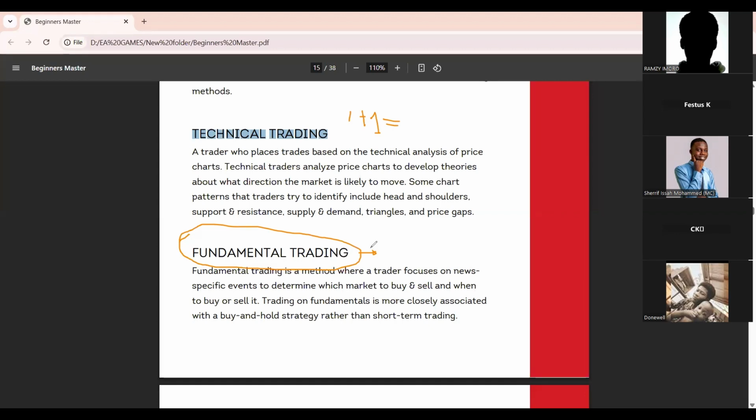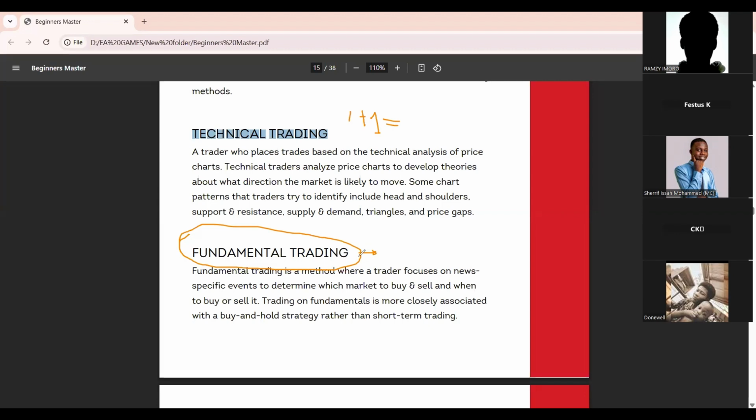Some people will say, okay, if a good president comes on board, this president can help increase our economy. If the president helps our economy become strong, our currency is also going to become strong. That means the chart of our currency against other currencies will change. This is what we call fundamental trading, how these kinds of events can affect what happens on the market.